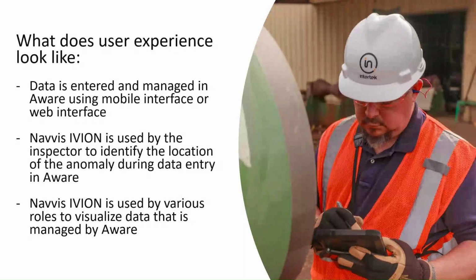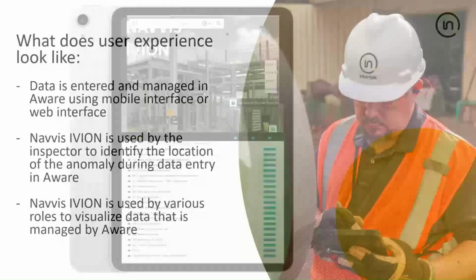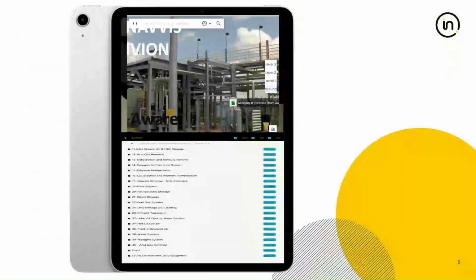Then when somebody is in the 3D world, they can use that more for their planning. If you're a contractor and you need to do some painting in a certain area, you can easily see the visuals of where you need to do the painting. So the general workflow is to manage all your data in Aware for inspection, and then use Navis to have your 3D view.